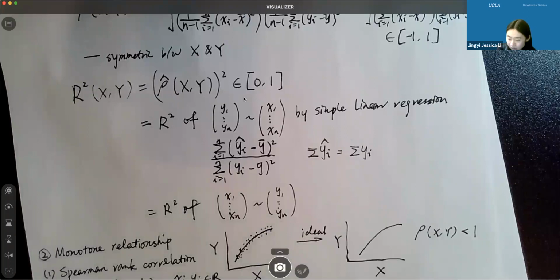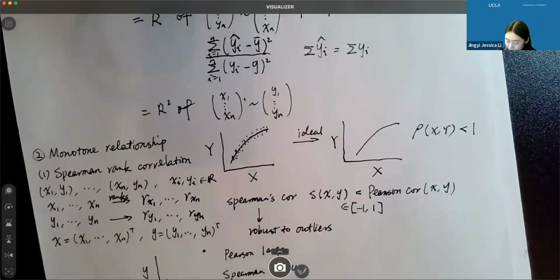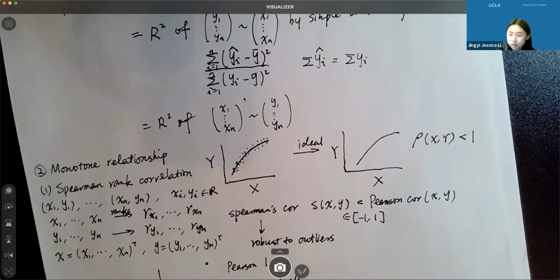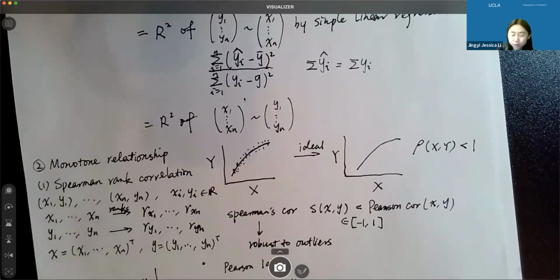To be exact, monotone means that if it's perfectly monotone, all the pairs are concordant. That's what we mean. We didn't do any transformation of our data. So it's not data transformation or processing. We're just analyzing a scatter plot.